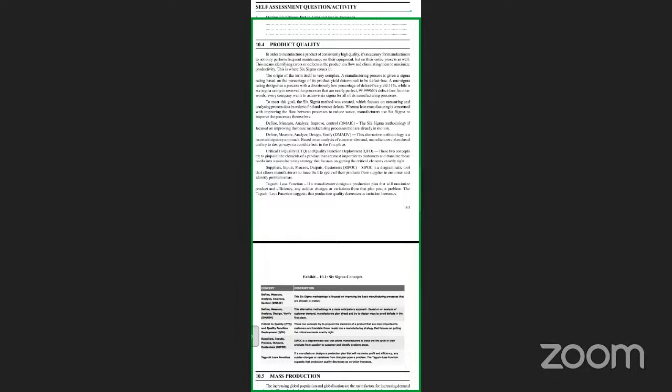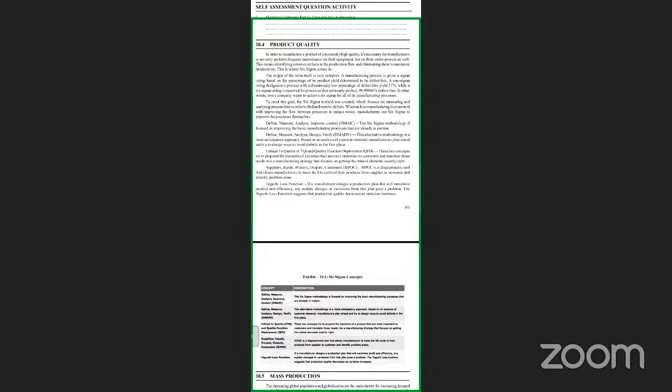Next we have CTQ and QFD, that is critical to quality and quality function deployment. These two concepts try to pinpoint the elements of the product that are most important to customers and translate those needs into a manufacturing strategy that focuses on getting critical elements exactly right.